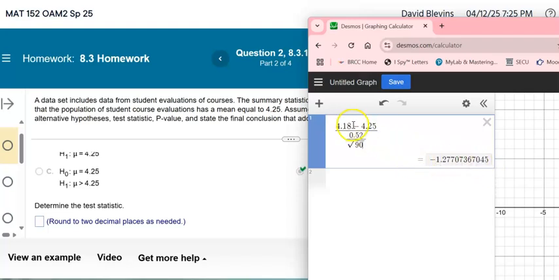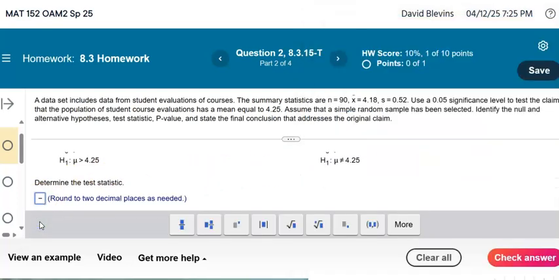So sample mean minus population mean divided by sample standard deviation over the square root of the sample size. So negative 1.28 to two decimal places, negative 1.28.